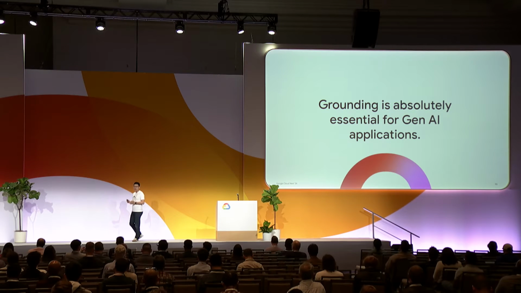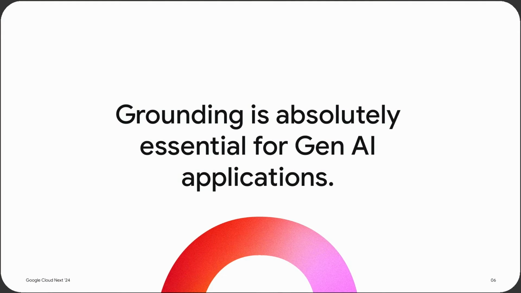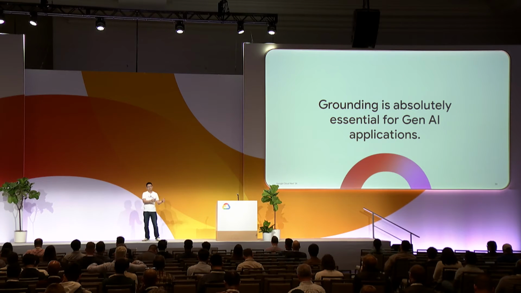Let's talk about grounding and factuality. Grounding is absolutely essential for generative AI applications. You've probably seen many papers from Google DeepMind about different approaches and techniques we're introducing on the model level and on the tool level to improve the factuality of the model's performance. We work very closely with these DeepMind folks.